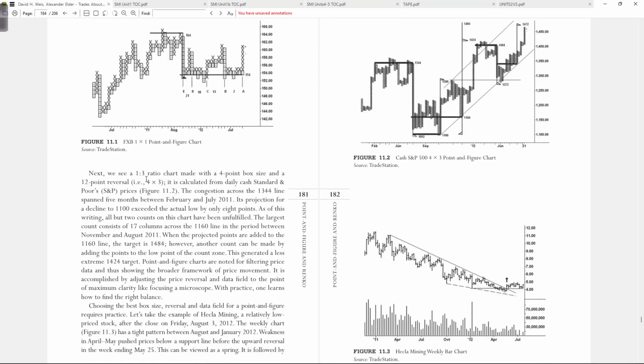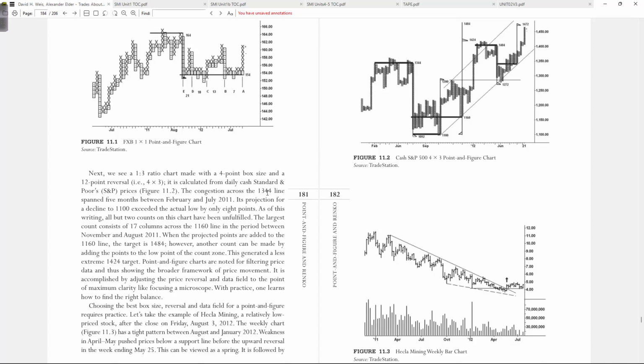Next, we see a 1:3 ratio chart made with a 4-point box size and a 12-point reversal. That is 4 cross 3. It is calculated from daily cash standard and Poor's prices, figure 11.2.